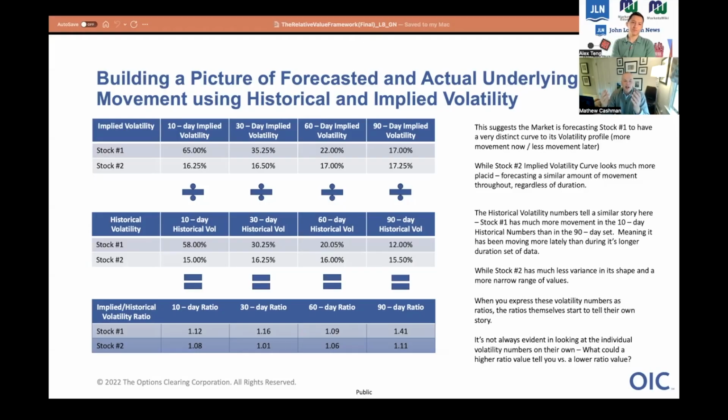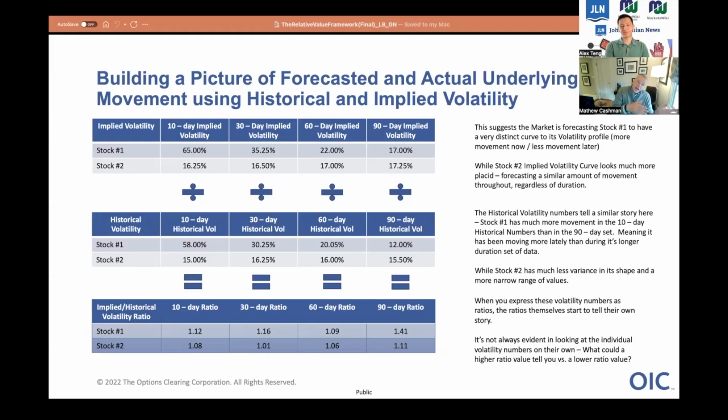Stock 1 is saying, if you think about implied volatility, as we explained it earlier, as the market's best guess about how much this thing is going to move over n number of days, the market is telling you that stock 1 is forecasted through its implied volatility curvature that the 10-day implied vol, the market makers and the market itself is expecting a lot more volatility in the next 10 days than over the next 30 days, then over the next 60 days, and over the next 90 days.